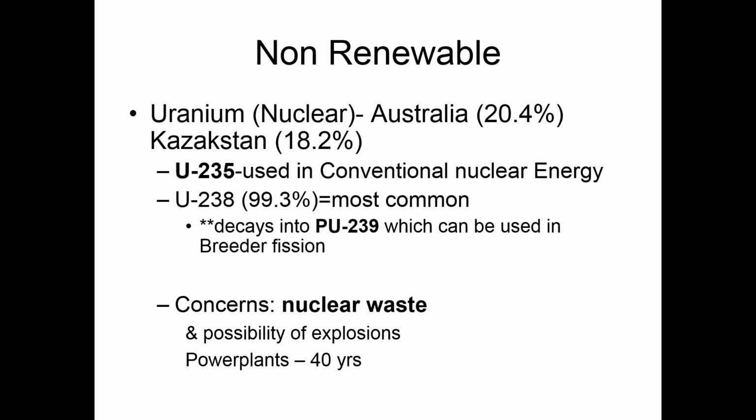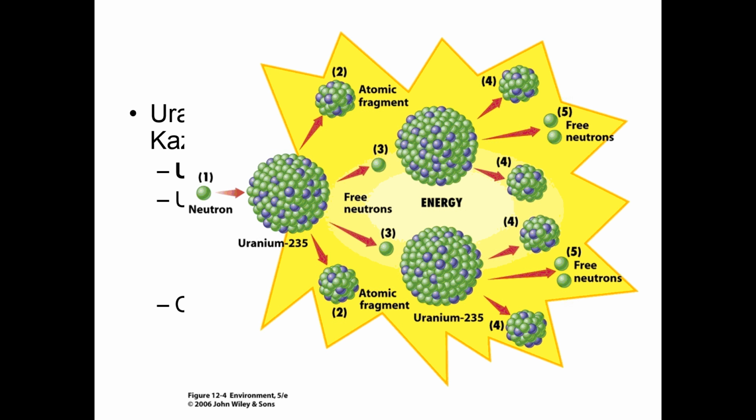Just to remind you of how nuclear energy works, and I think I have another video for you on this, we have a neutron you can see here. So this is in the reactor core. Thinking in a nuclear power plant, it's going to hit a uranium U-235 atom. It's going to eject some free neutrons, and they're going to hit another uranium-235, and this is going to happen over and over and over again.